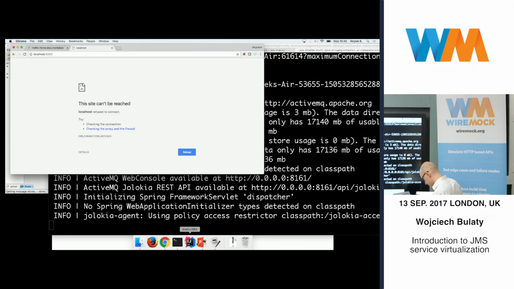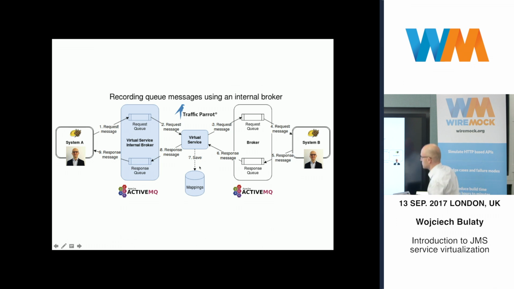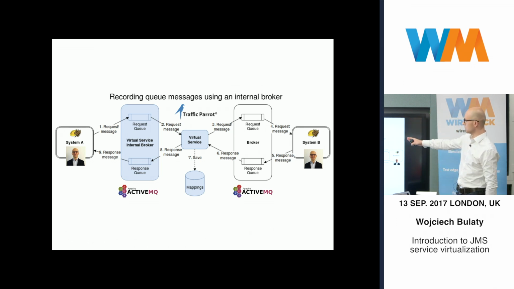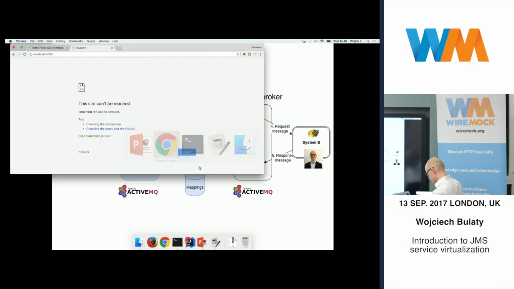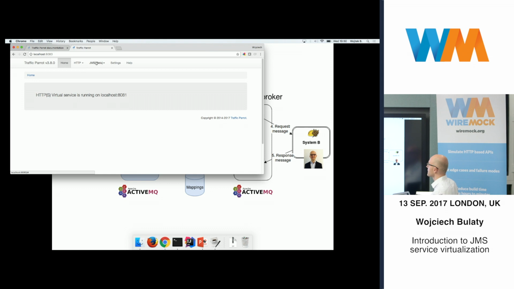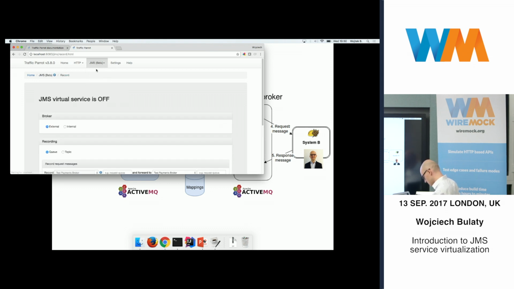Now what we want to do is wire up this recording. So what we're going to do is arrows 2 and 3. We're going to set up the recording so that the virtual service consumes stuff from an internal broker that it's set up and forwards it to the request queue on the original broker. So let's go ahead and do that. So I've got Traffic Parrot here. JMS record.